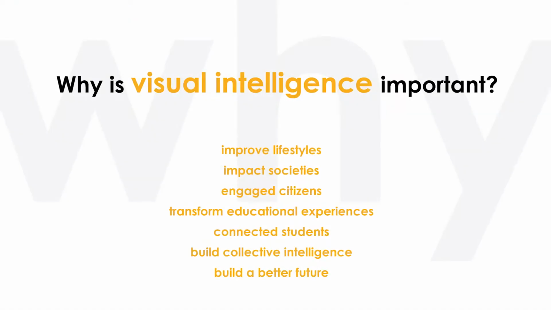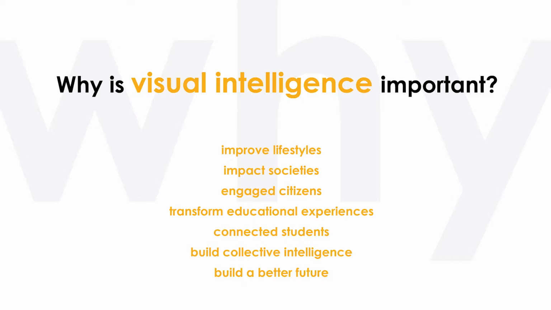We are talking about collective intelligence, and we are looking for whole communities to improve the way that they work with information so that they can advance to the next level.